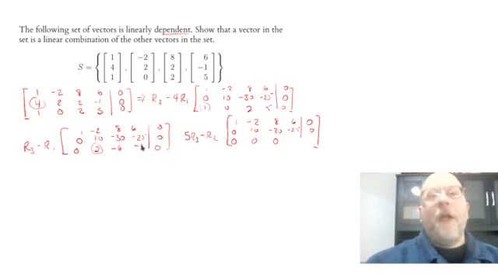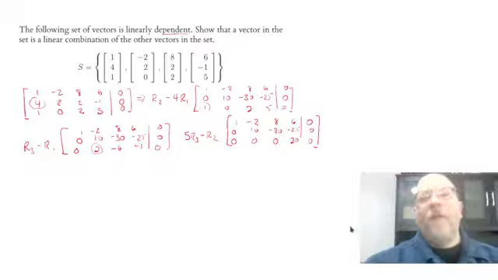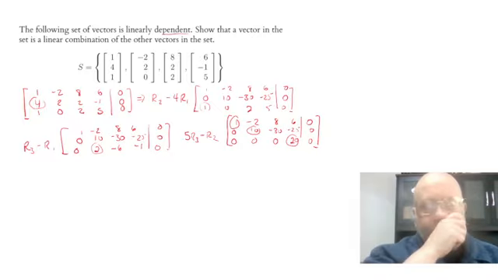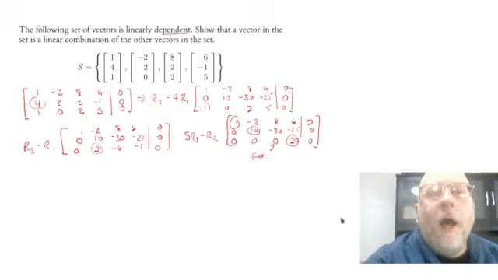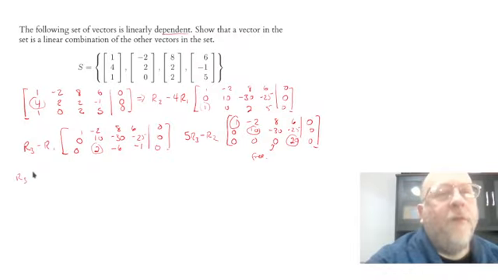Negative 5 minus negative 25 is positive 20 and 0. And so my leading entries are here. But we have a free column. Reduced echelon form helps to isolate the free column. So I'm going to use reduced echelon form here and do some more work now. So I'm going to take row 3, divide it by 20.